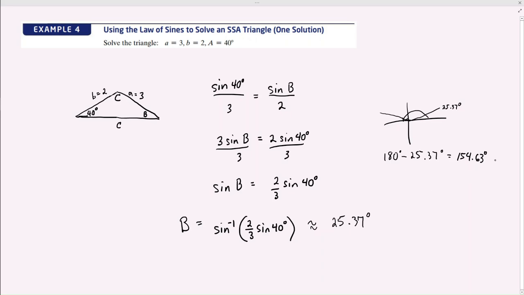All right, and we can see right away that if I wanted to use that as my angle and then I add the 40 degrees here, we're already above the possible outcome. So that's not a possible angle in our scenario, so we're going to keep this one. So B is 25.37 degrees.